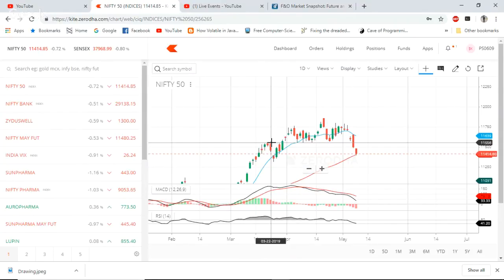When a candle is red, it indicates that the day is a bearish day, which means the closing price on that day is less than the opening price. Simple. At 9:15 when the market opens, let us say it opened at some price, and if at the end of the market at 3:30 it closes below that price, then the candle will be red in color. That's it. On that day it was a red day.